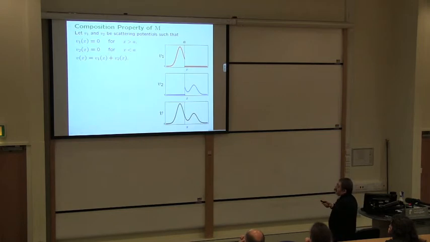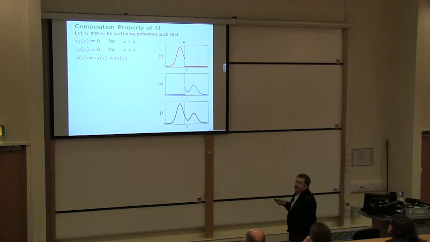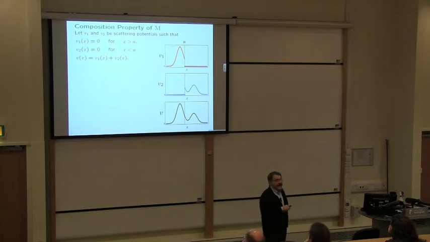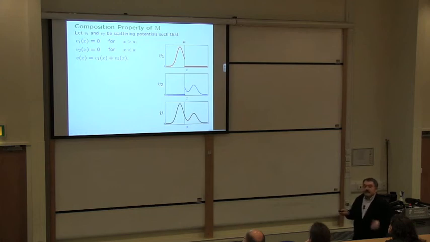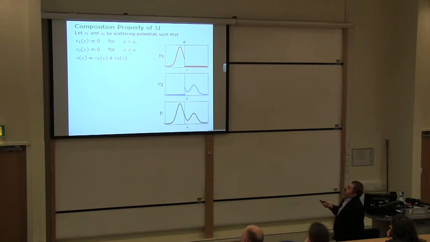Now, this transfer matrix which I introduced has a very nice property which makes it so important and useful in various areas of physics, mathematics, and even engineering, in exploring multi-layer systems, optical crystals, and things like that. It is its composition property. Suppose I have two potentials whose supports do not intersect except at one point.